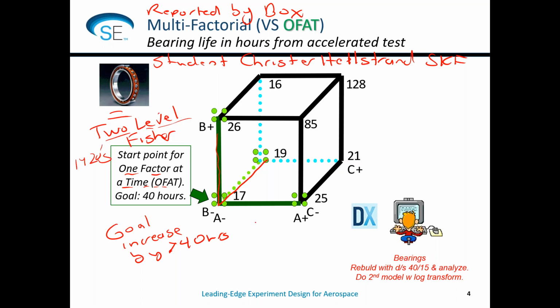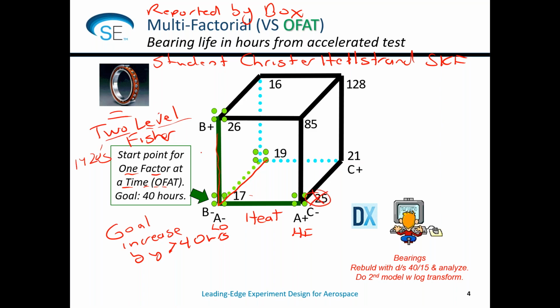So they looked at three factors. They looked at the heat treatment when they're producing these bearings, and they went from low to high on that. And when they did this one experiment, one factor at a time, they went from 17 to 25. Well, that wasn't enough.